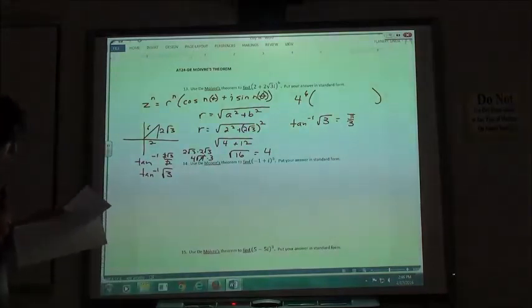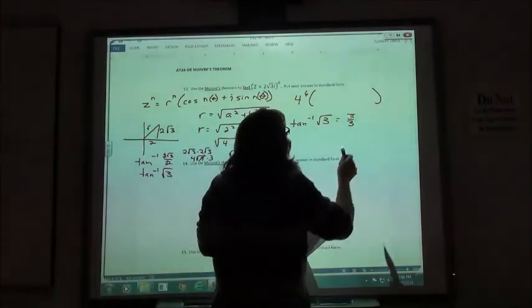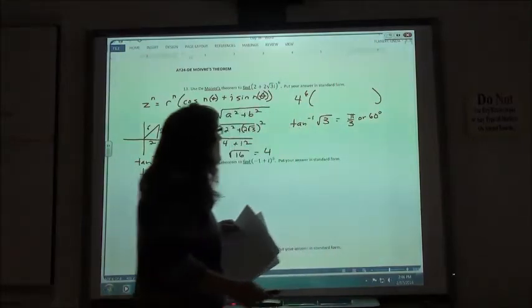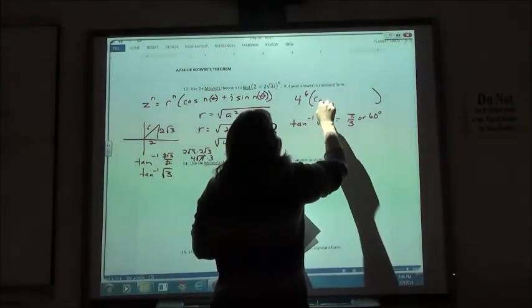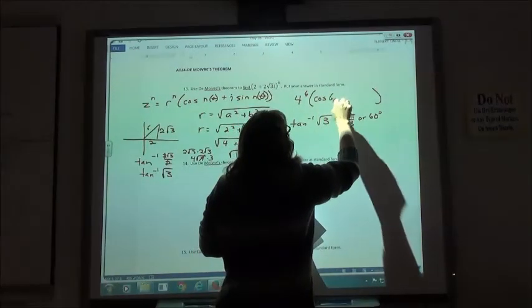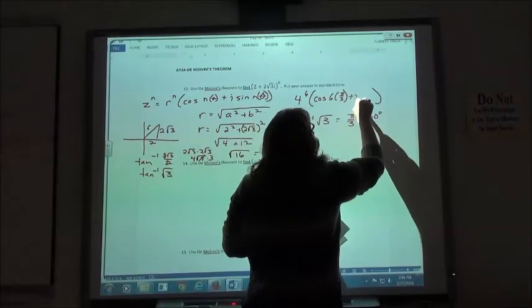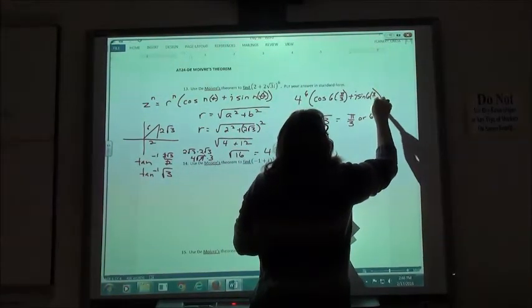Suppose I could have used the degrees also. 60 degrees wouldn't make any difference which one you use. So I am going to have the cosine of 6 times pi over 3 plus i sine of 6 times pi over 3.